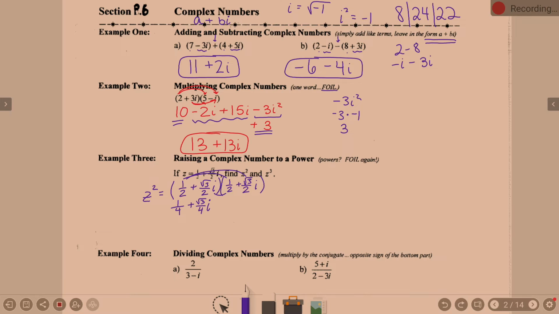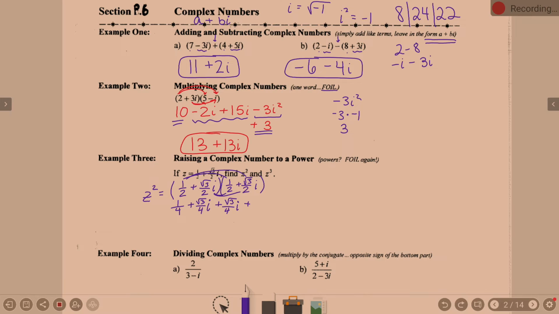Square root of 3 over 2i times 1/2. Well, same thing, right? 1 times square root of 3 over 2 times 2 times i. And last, square root of 3 over 2i times square root of 3 over 2i.